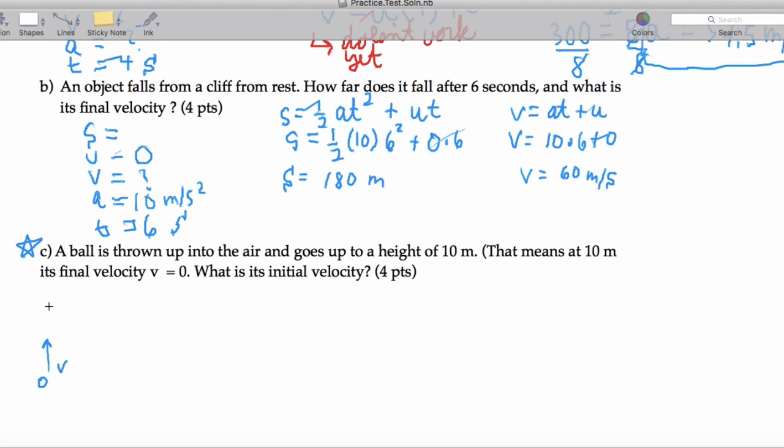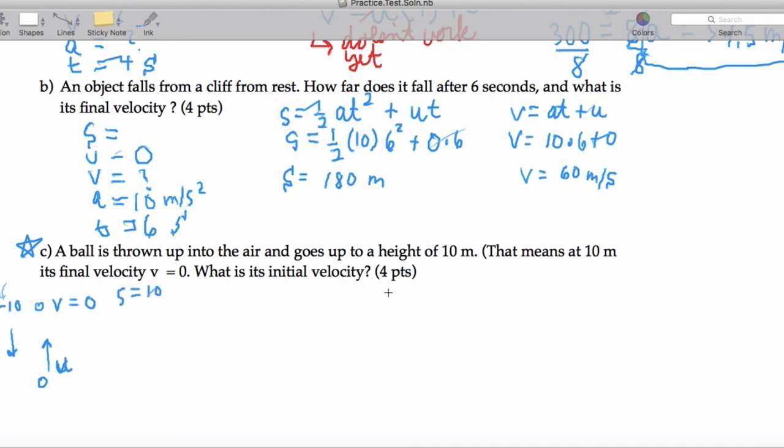So v at the top is 0. And let's be clear, the acceleration here is -10 because it's downward acceleration. And that negative, because it's downward, that's a bit tricky. Plus s is 10.